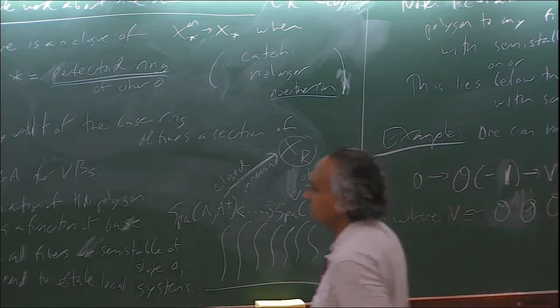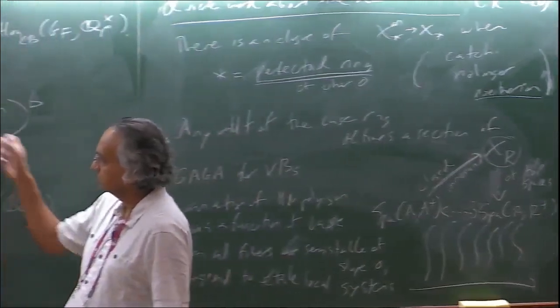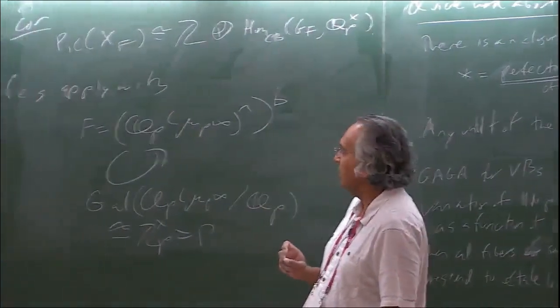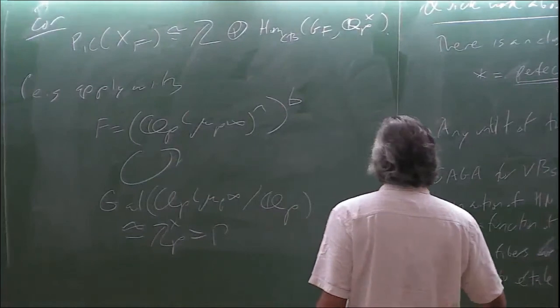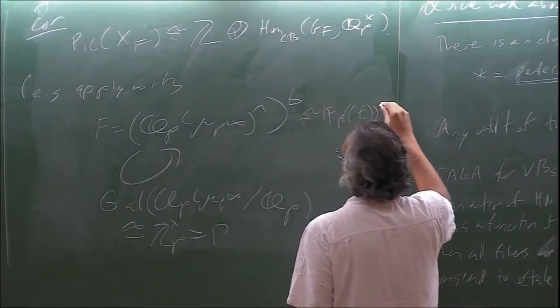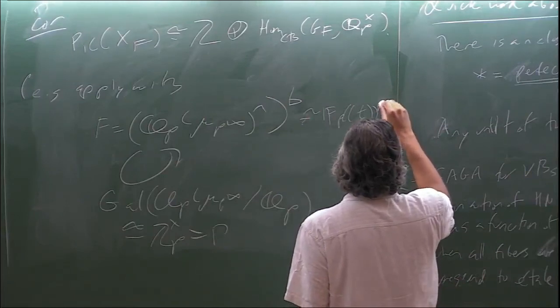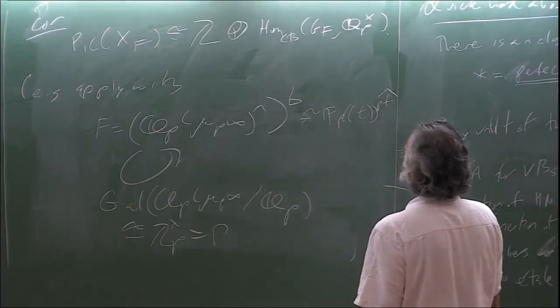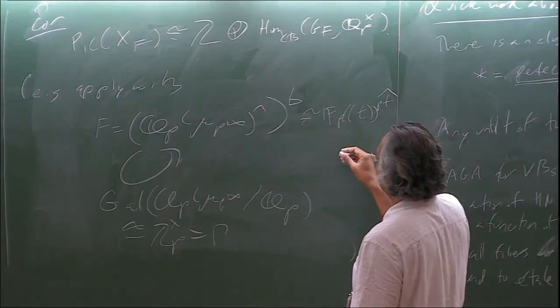This is gamma X F. What are the invariants? So this thing is abstractly some completed perfect closure of a power series field. The invariants are just F_p.